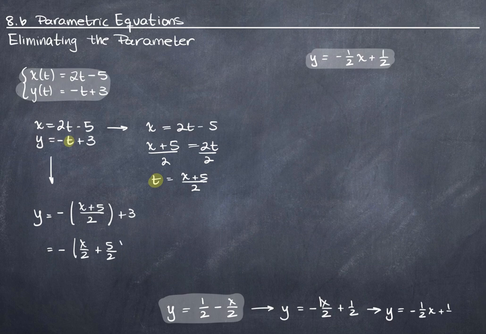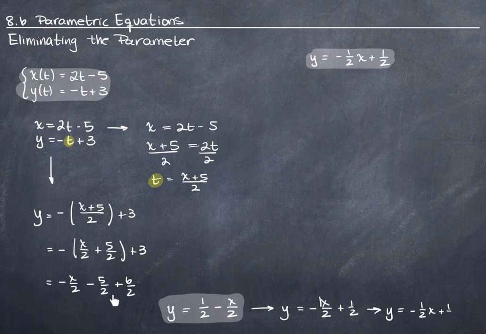I guess I should have done that. Hindsight's 20/20. And that gives me negative x over 2 minus 5 over 2, just distributing my negative. And I'm going to add 3 here, but I'm going to go ahead and take the time to give it a common denominator. That should be 6 over 2.